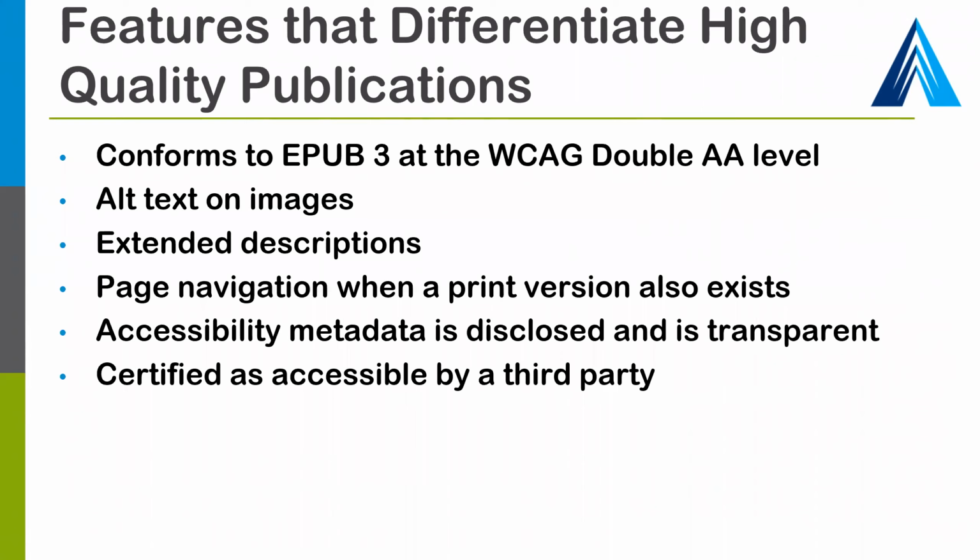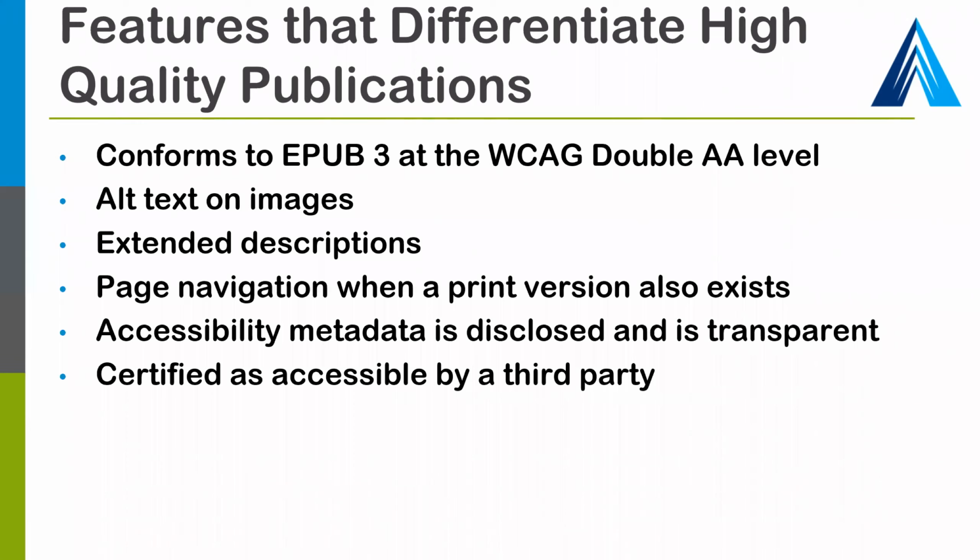When a print version of the book exists, then we require that the page navigation be present so that the page number in the digital book corresponds to the page number in the print book. So when you turn to page 55, you're at the same place in the print book. And the accessibility metadata is exposed and transparent to the user.